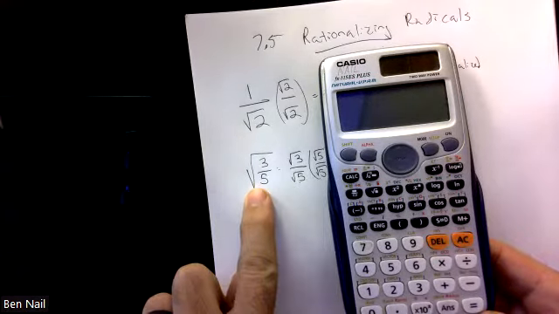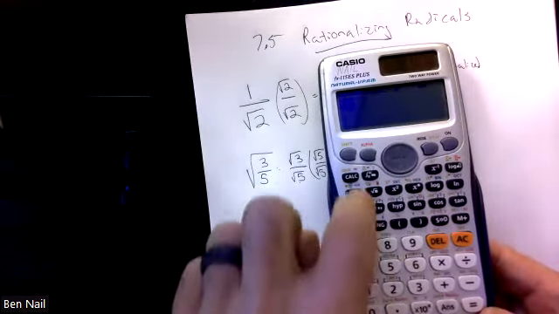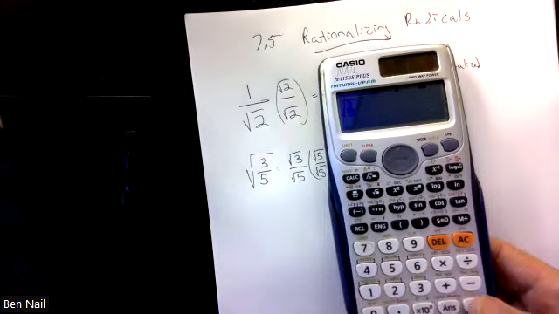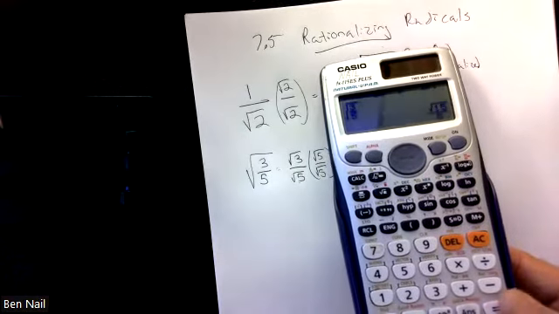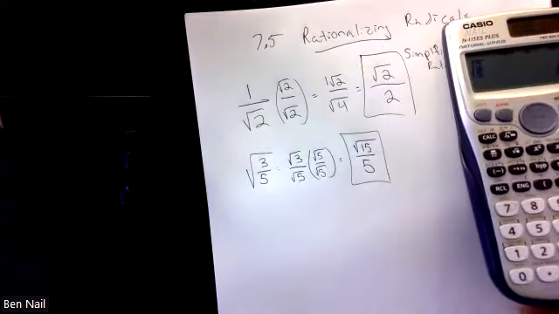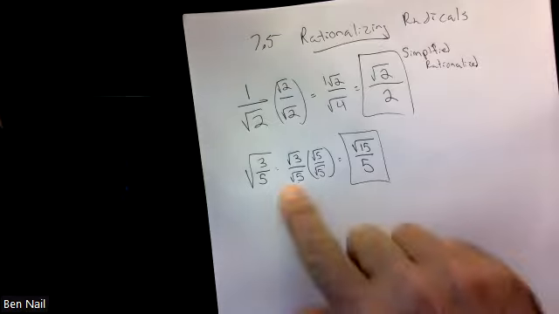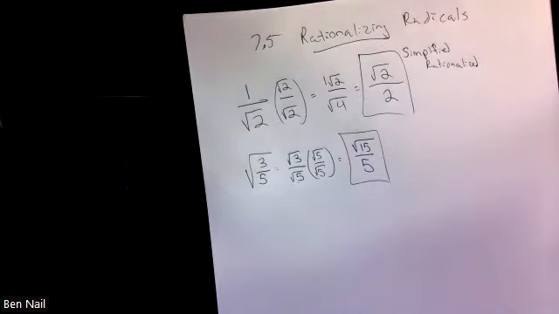For example, if I type in the square root of 3 over 5 and I hit equals, my calculator says the square root of 15 over 5, which is what we had here. So if you're dealing with just numbers, no variables, no letters, double check, your calculator might be able to do that for you. That'll save you some work, which is kind of nice. Okay, if not, that's when you've got to go through the steps and the process to get there.